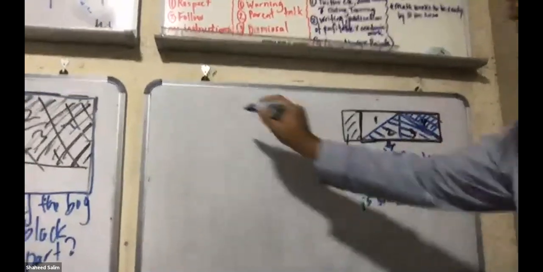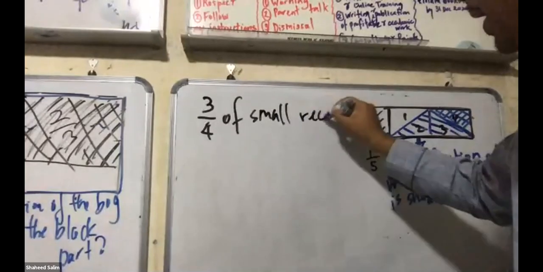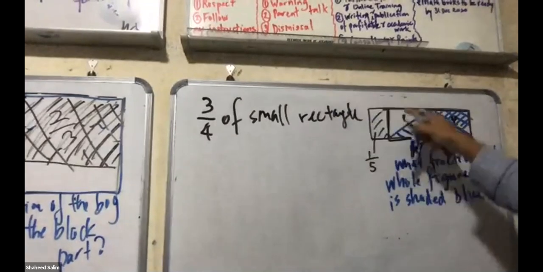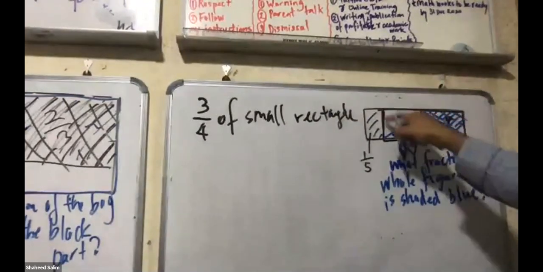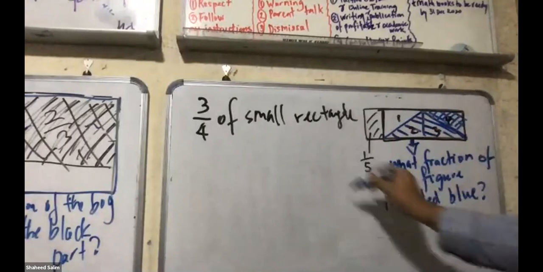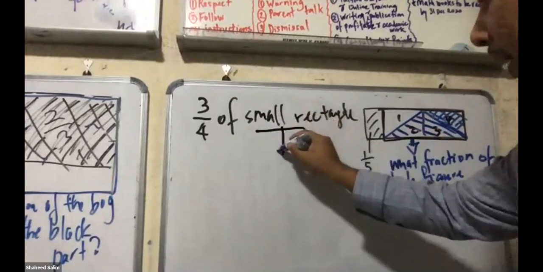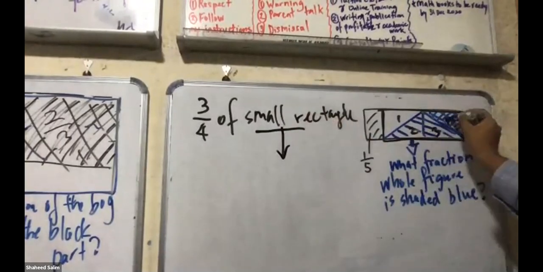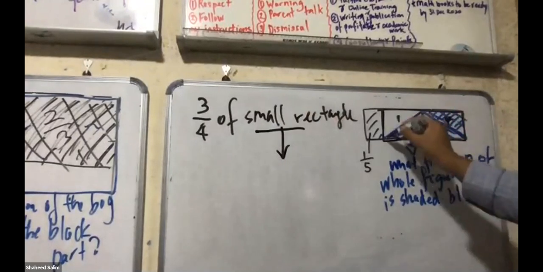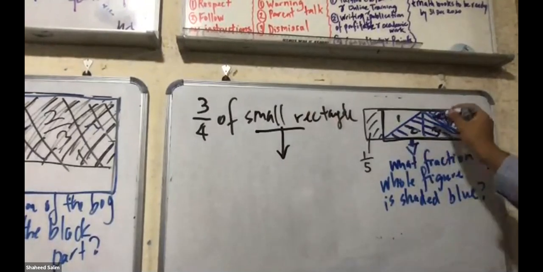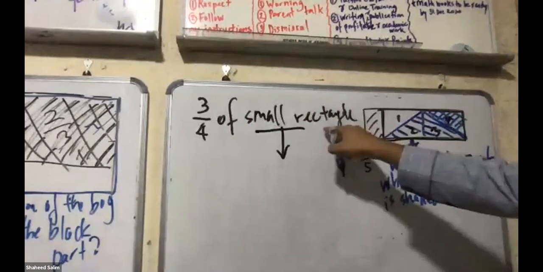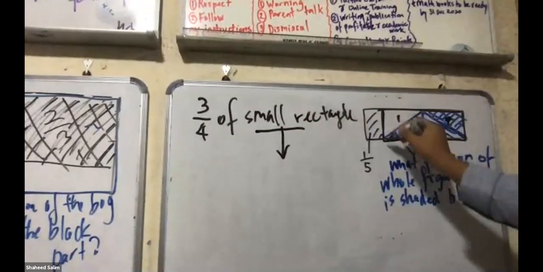Not the white triangle, the blue triangle. 3 over 4 of the small rectangle, right? This is 3 out of 4 of this small rectangle. So now, this small rectangle has 1, 2, 3 triangles out of 4 triangles. That means it's 3/4 of the small rectangle.